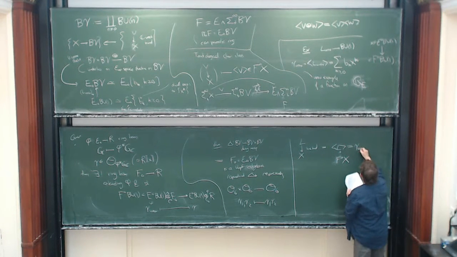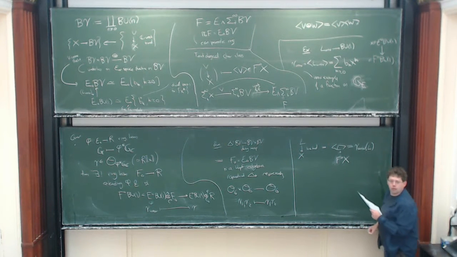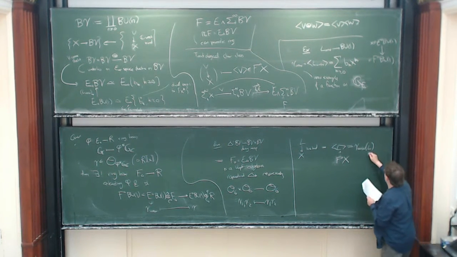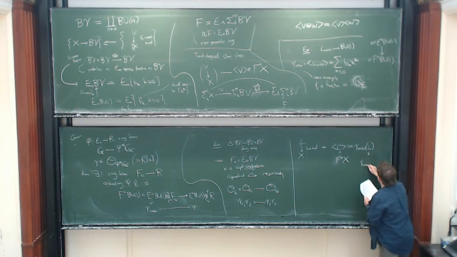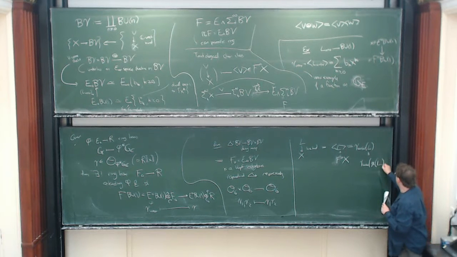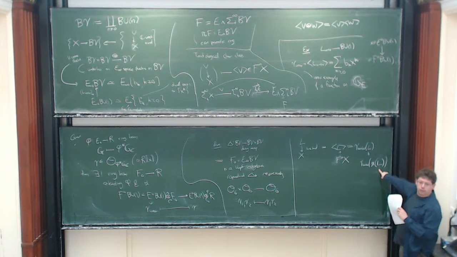So this is, in some sense, the universal function evaluated at L. If you have trouble making sense of that, let me write it in terms of a coordinate. It's really the universal function written as a power series in X and evaluated at the Euler class of L.